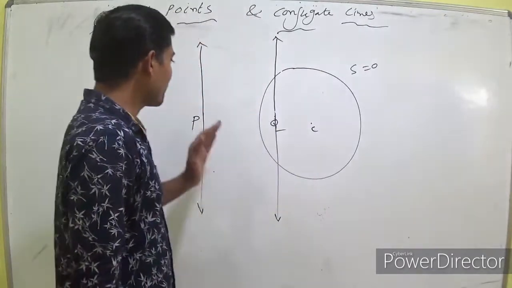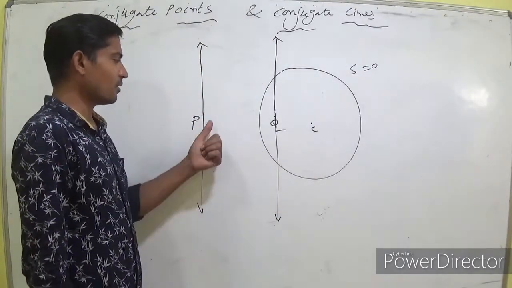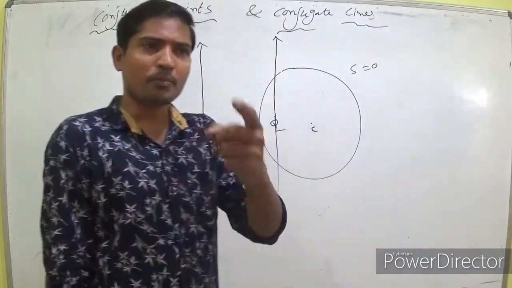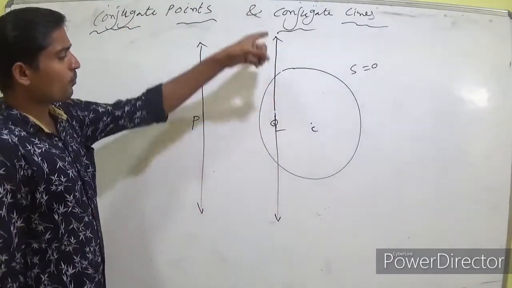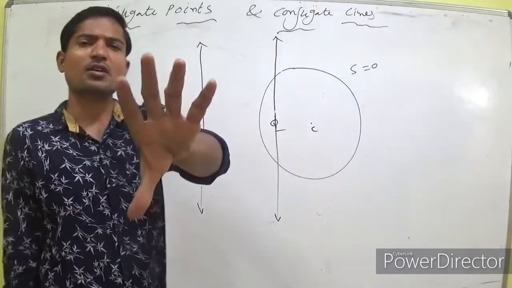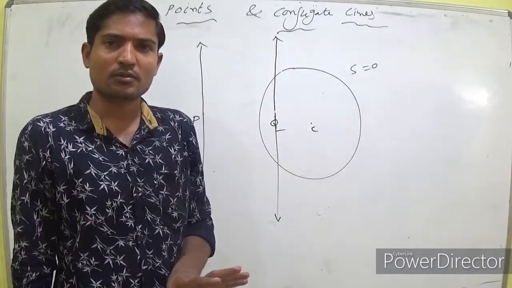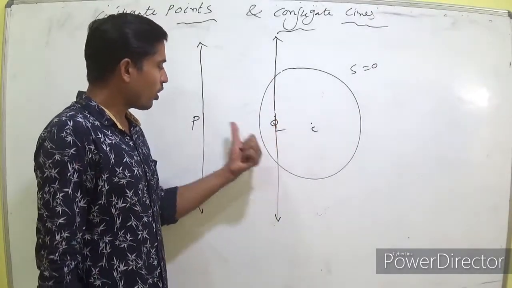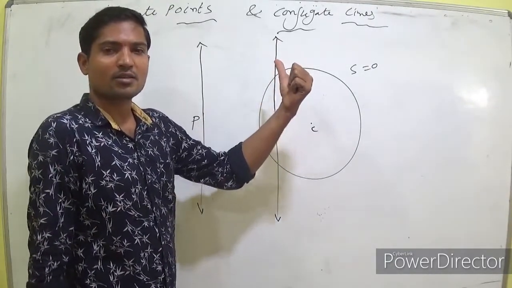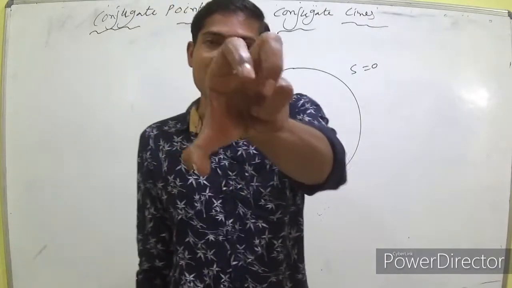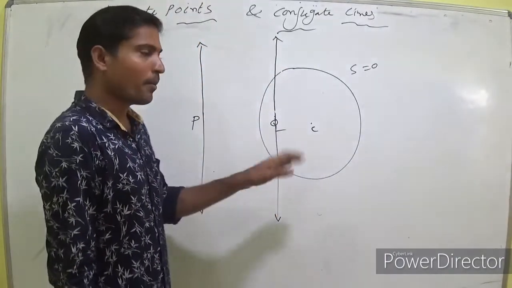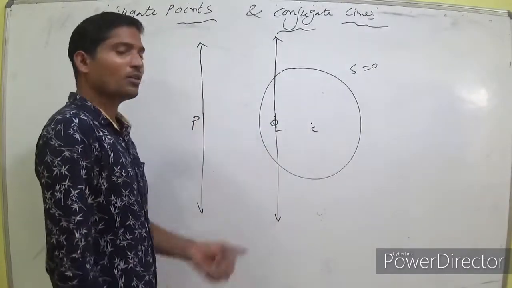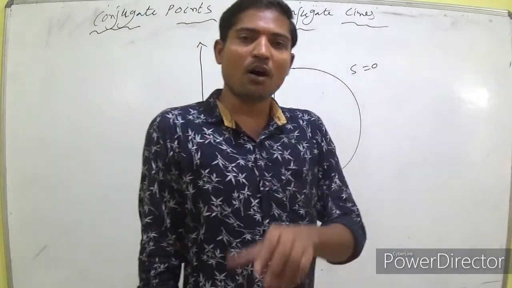Like I have taken here P as an external point. When P is an external point, then polar passes through the circle. Are you understanding? The polar of P passes through the circle. Then Q is the internal point of a circle, I mean to say inside point of a circle. Then polar passes outside.